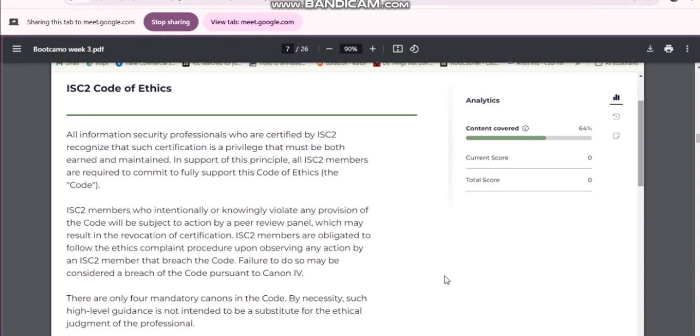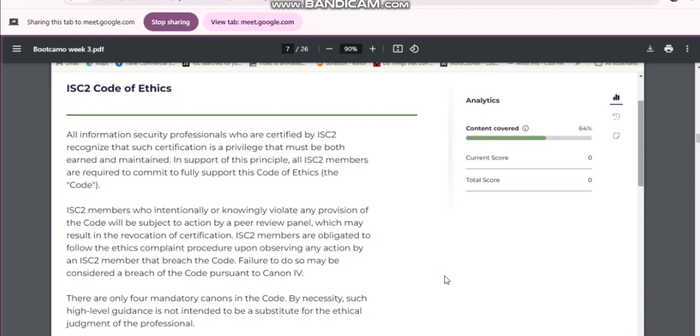For example, during this training they explained that if there is a fire incident and you are meant to secure or save the system, in order of ethical judgment, life first. You have to ensure that you are safe first before saving the system or the properties.